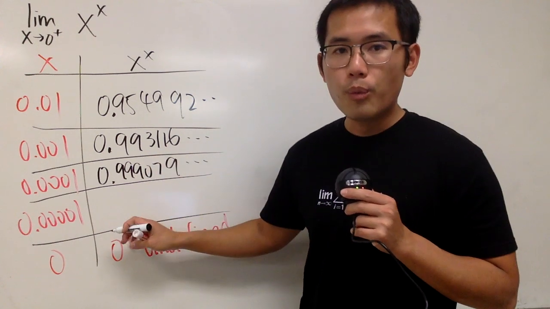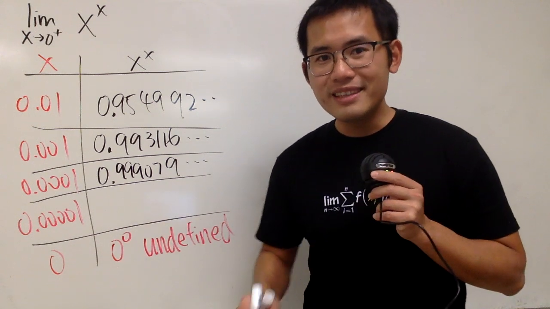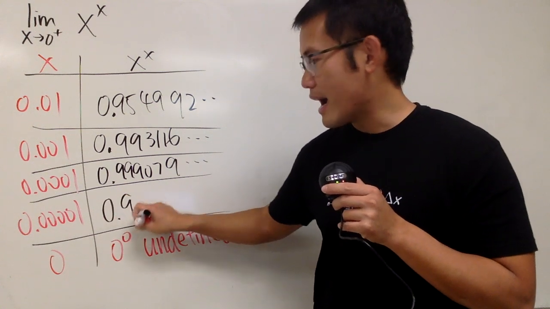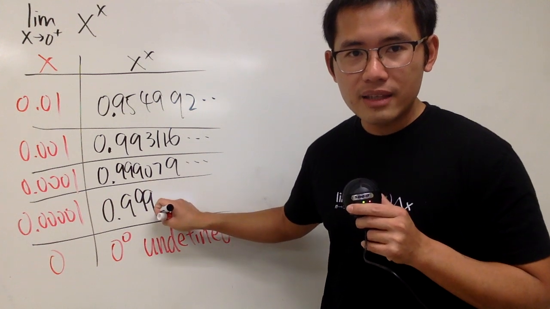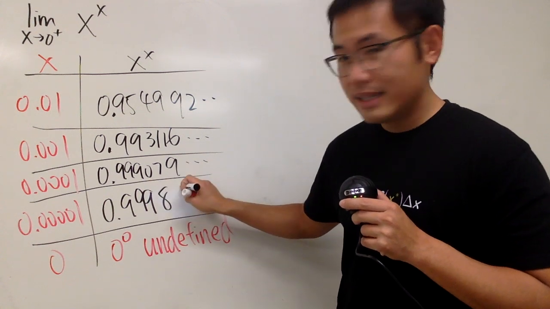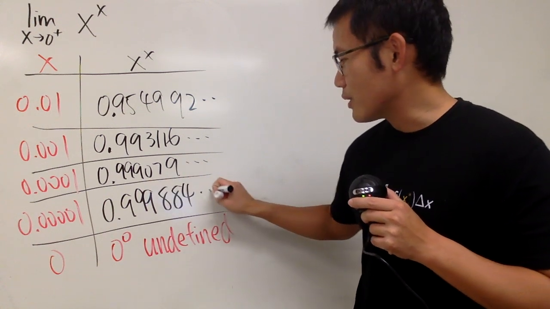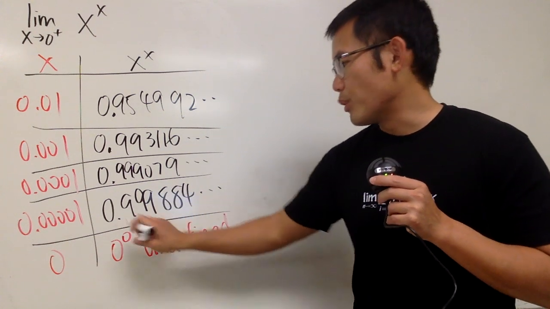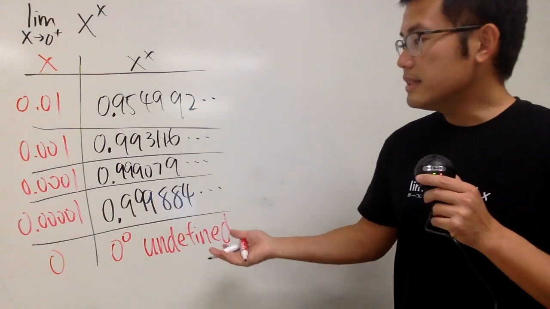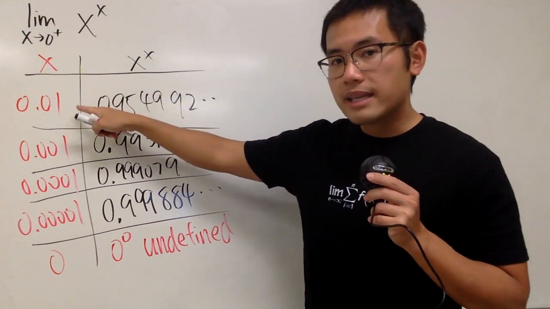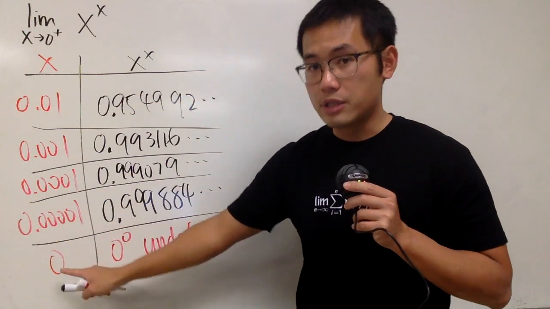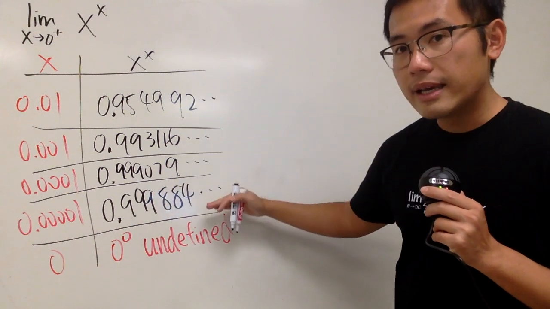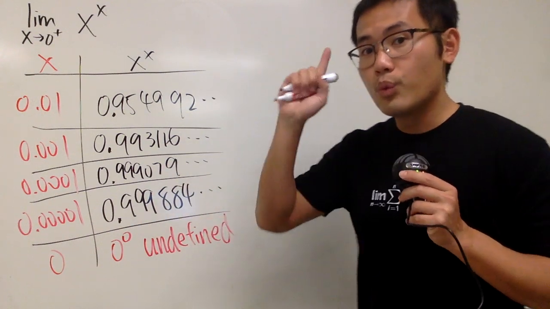And then one more, the last one that I have for you guys, is 0.99988 4, and so on. And I'm not rounding, I'm just putting down the first 6 digits after the decimal point, all right? So this is it. And as you can see, when x is getting closer and closer to 0, these values are getting closer and closer to 1.